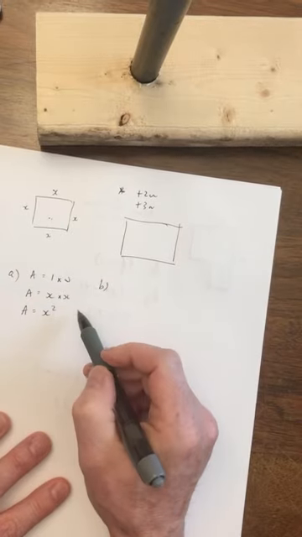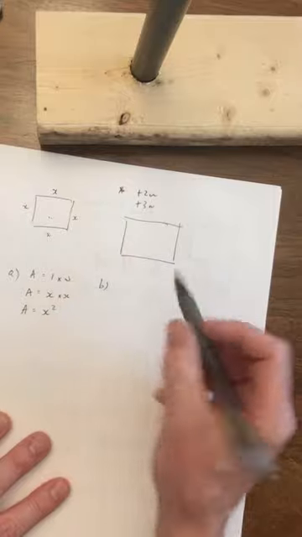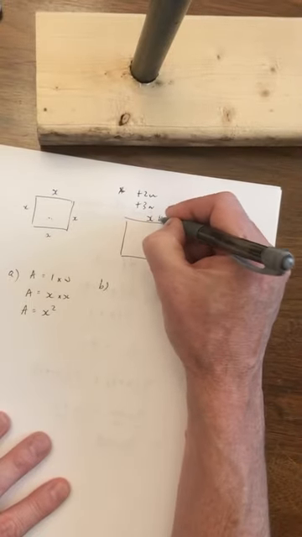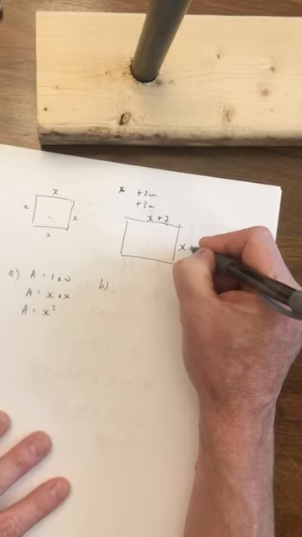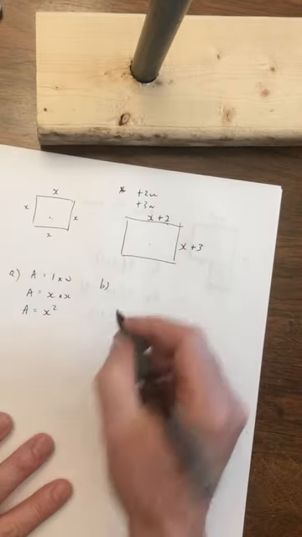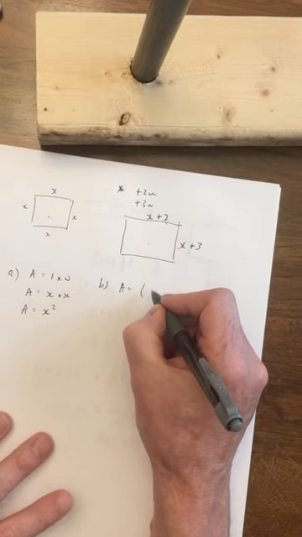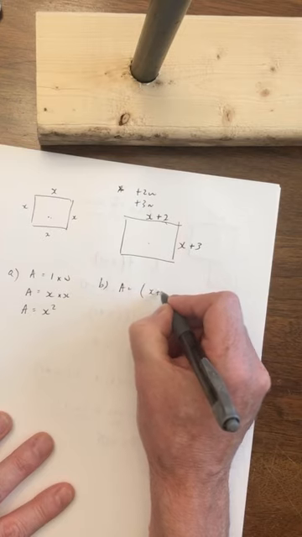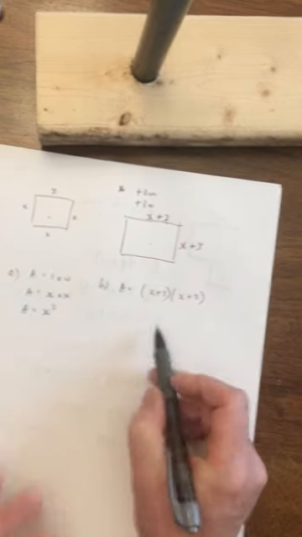B says write an algebraic expression for the area of the new patio. So it says for our new patio that one side is increased by 2. The other side is increased by 3. And so the area is length times width. The length here is x plus 3. The width is x plus 2.